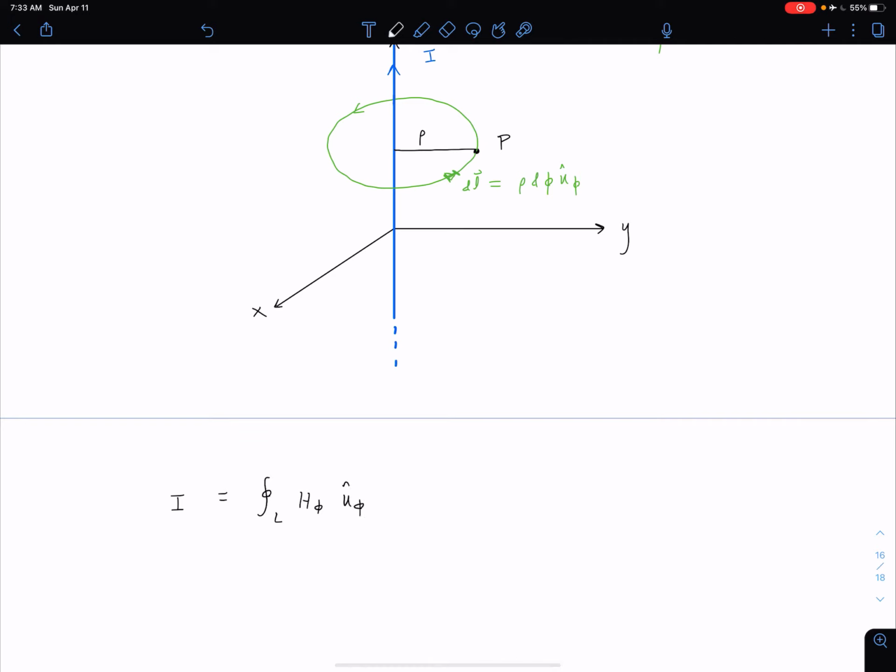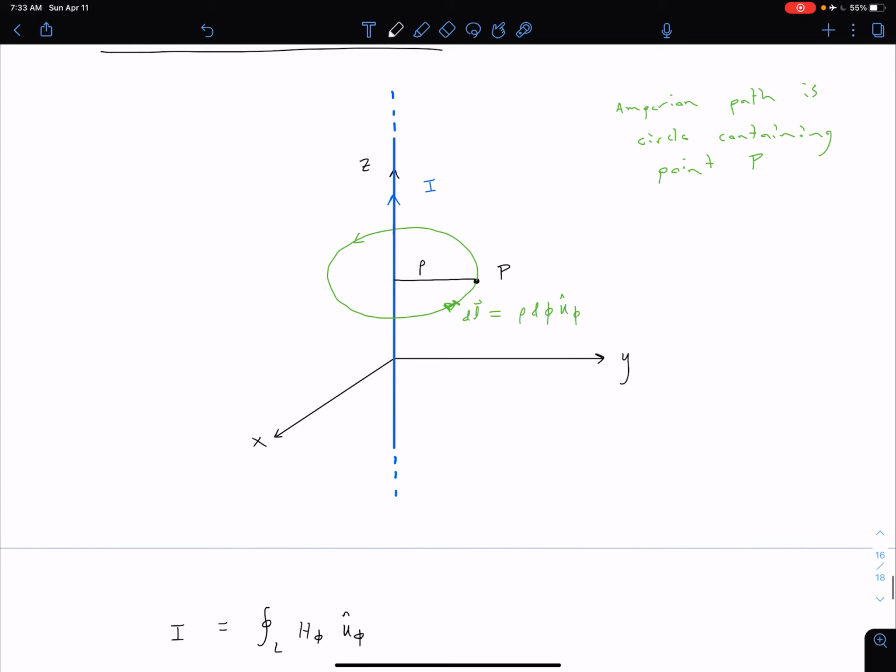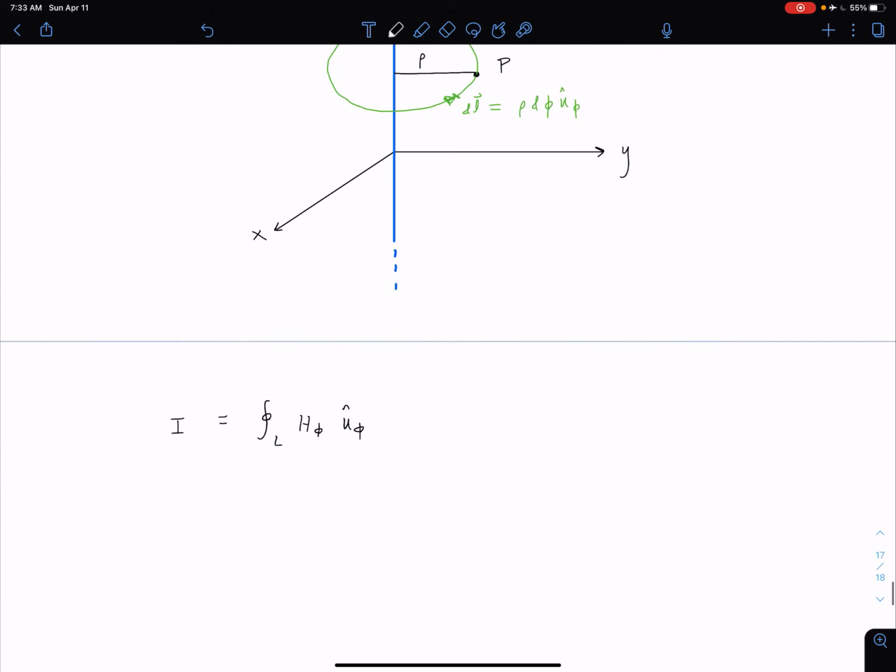The reason we're doing this is we know from the right hand rule we put our thumb in the direction of I, and our H is only going to be along that phi direction, from where the fingers of the right hand are curling. We're dotting that with our dl, which we said above is rho d phi in our phi direction.